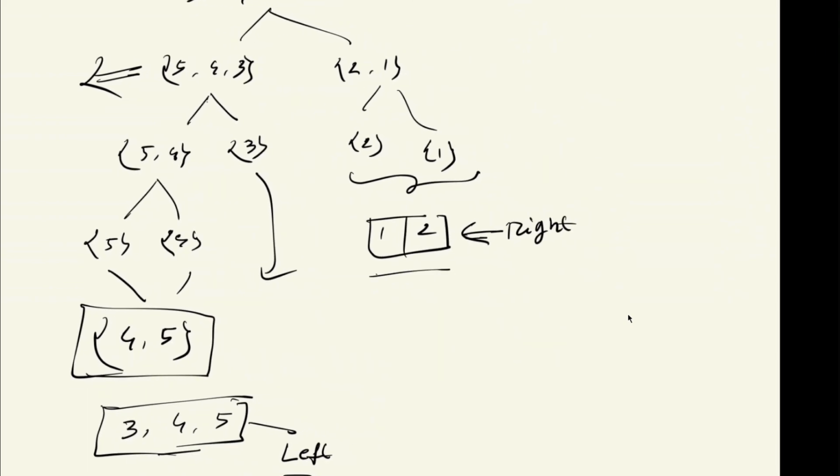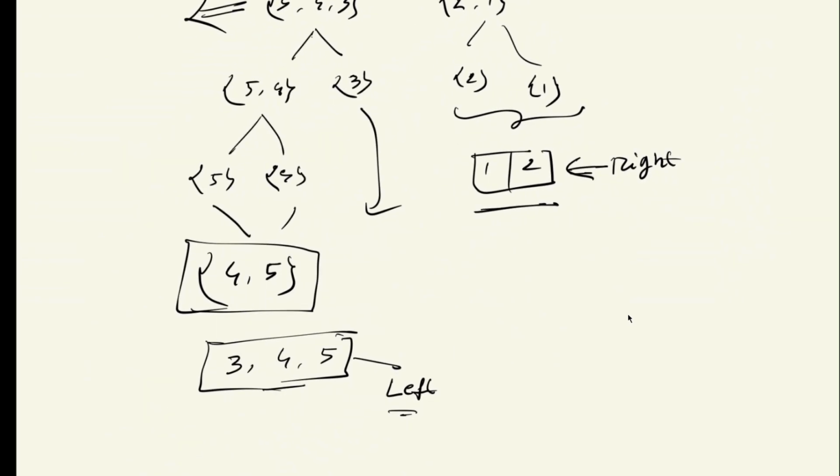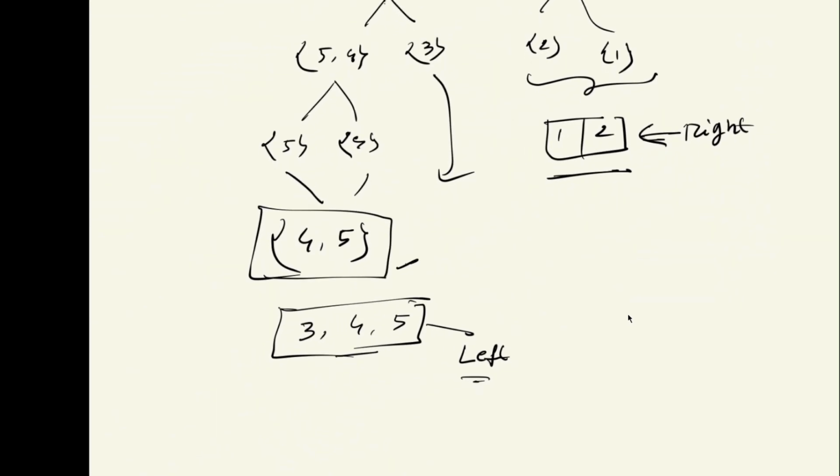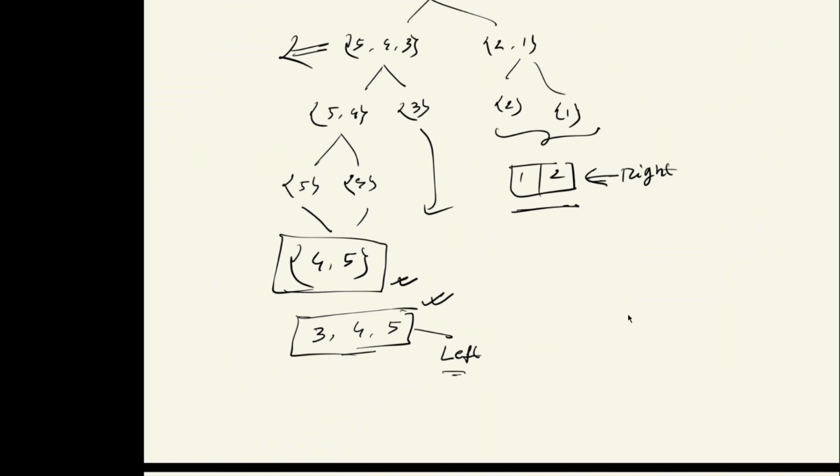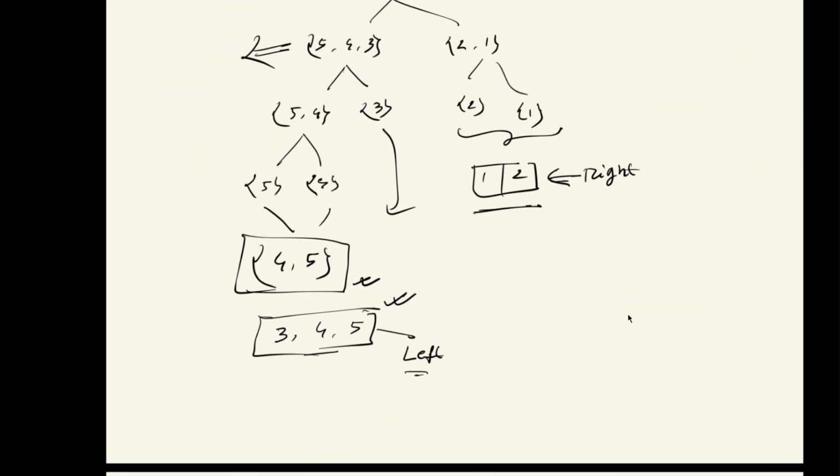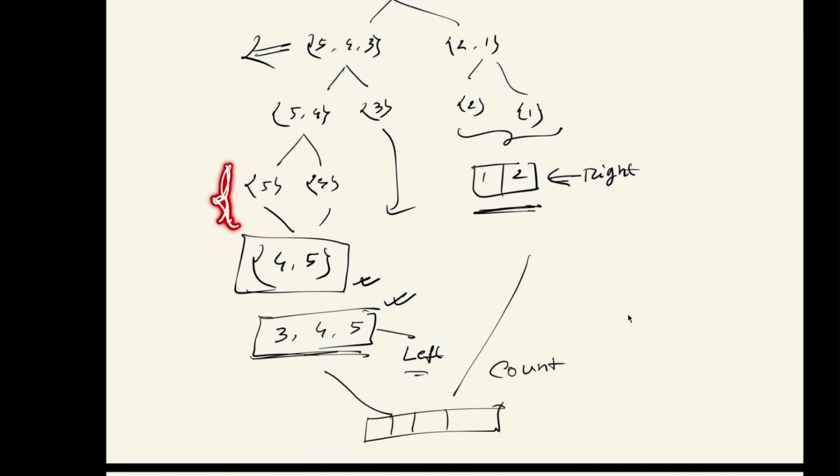Similarly, with the previous approach that we saw a moment ago, we will be able to solve this, right? Because now we have two sorted subarrays. We simply merge them and we will get our count. So in each merge operation we will do the similar thing.